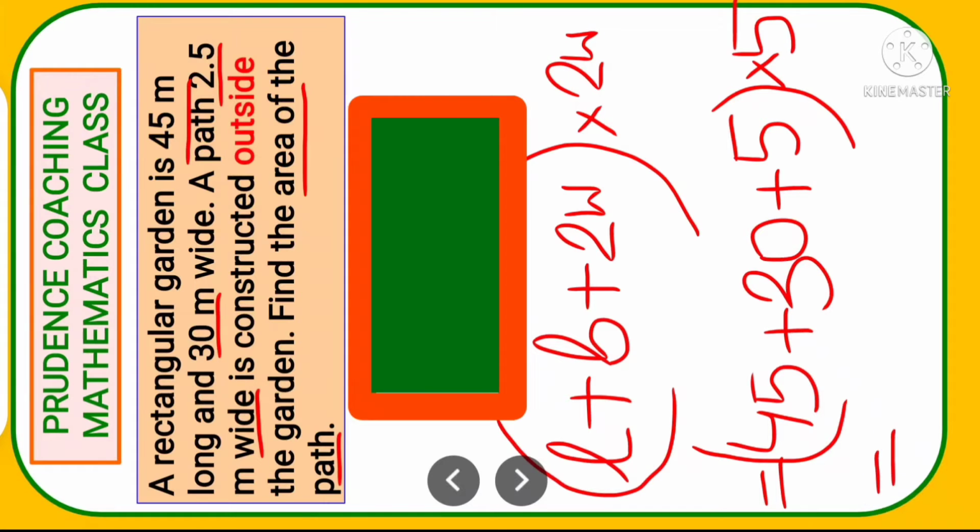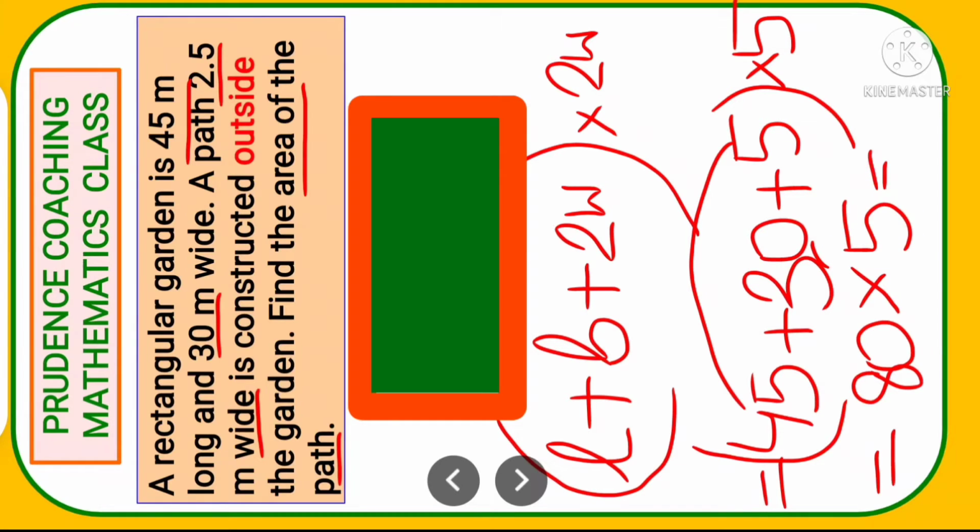Now you add 45 plus 5, you will get 50. 50 plus 30, you will get 80. So 80 into 5. Your final answer will be 400 meter square, as we are finding the area.